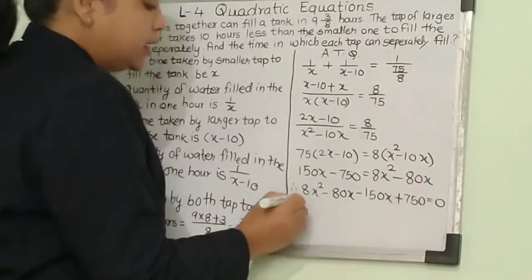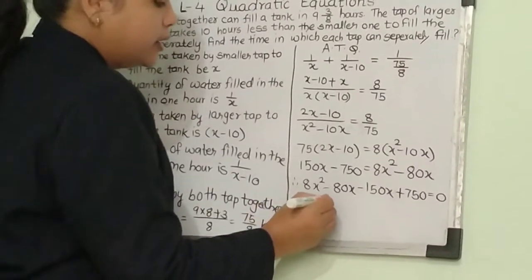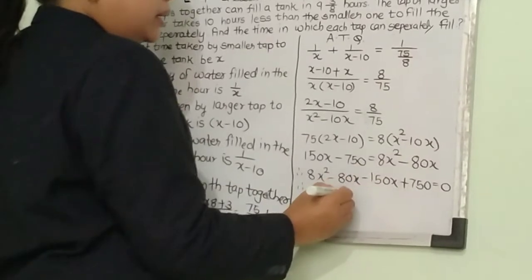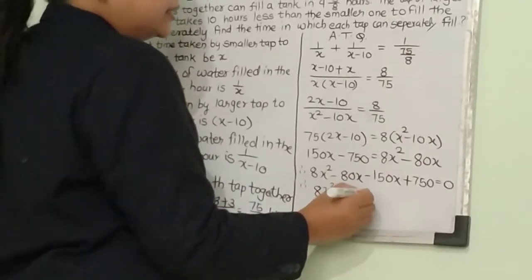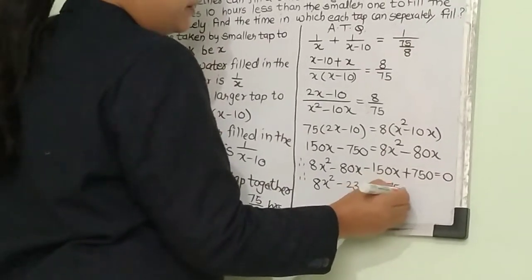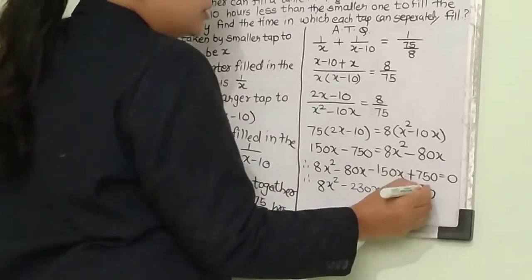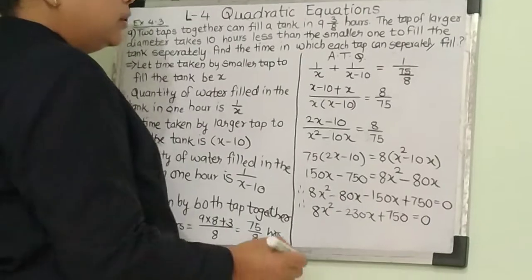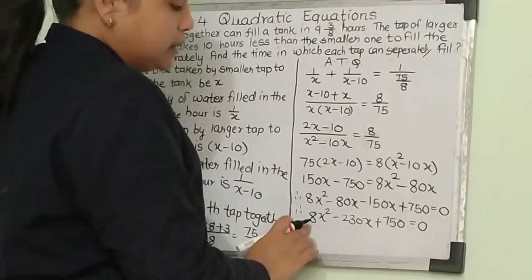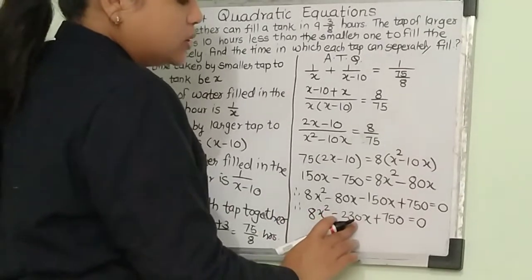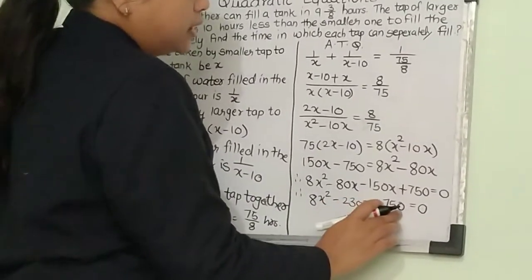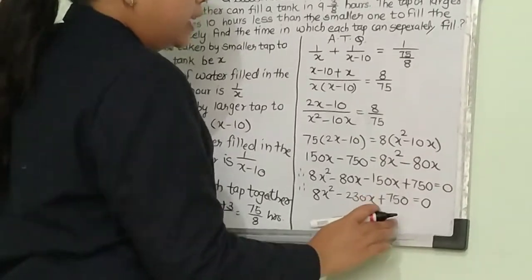Now here we get 8x square minus 80 plus 150, it comes 230x plus 750 equals 0. Now we can reduce this equation because 8 is divisible by 2, 230 is also divisible by 2 as there is 0 at the ones place, and 750 is also divisible by 2.